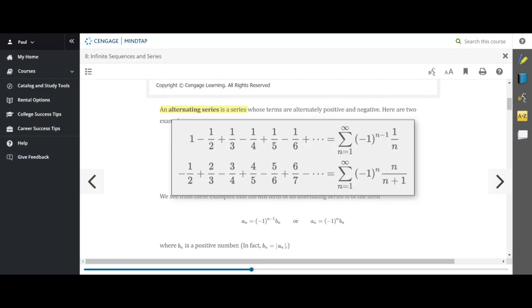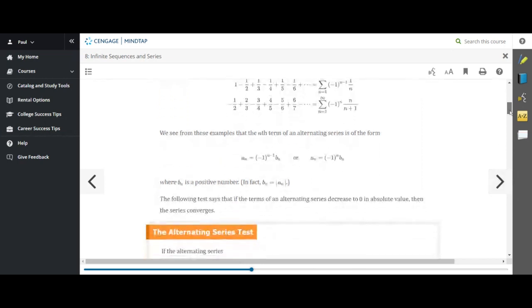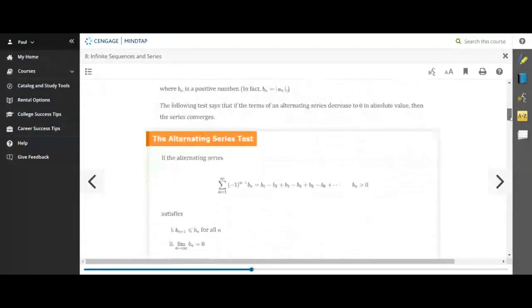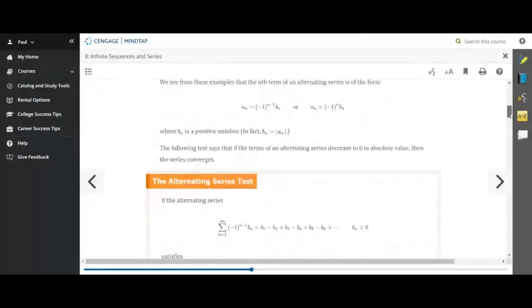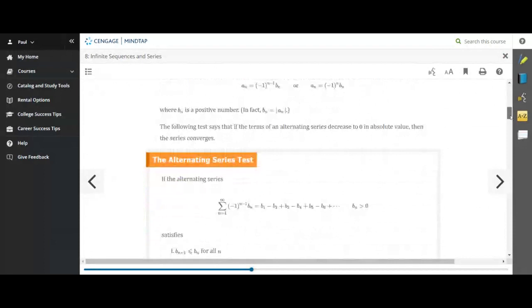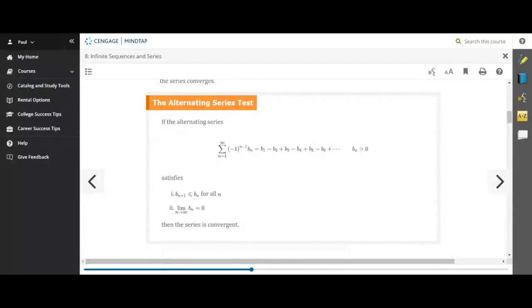So if we go down a little bit here, they have a test called the alternating series test. Okay, so the alternating series test is basically, I have it right here.